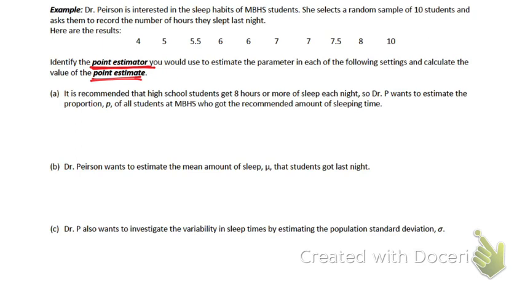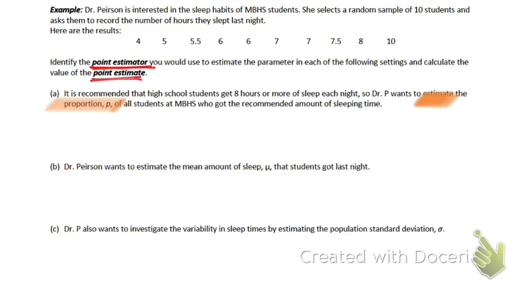It is recommended that high school students get 8 hours or more of sleep each night. So Dr. Pearson wants to estimate the proportion P of all students at McKinney Boyd High School who got the recommended amount of sleeping time.